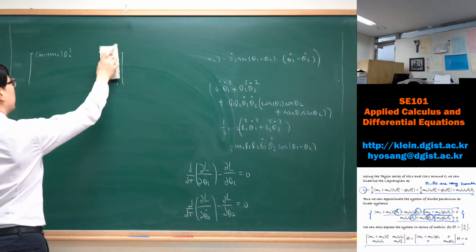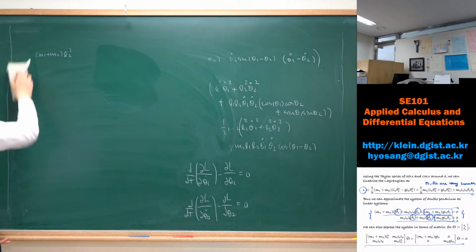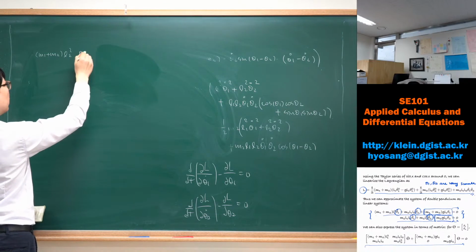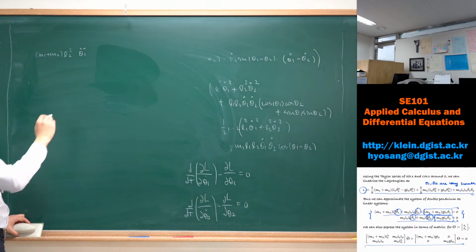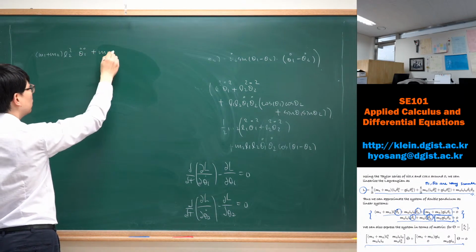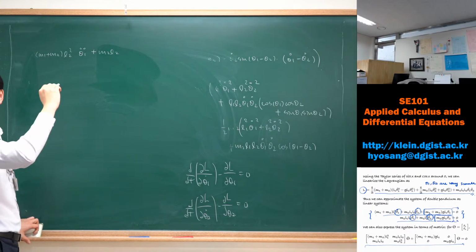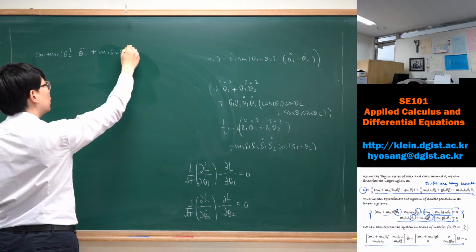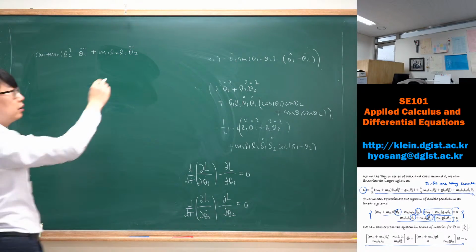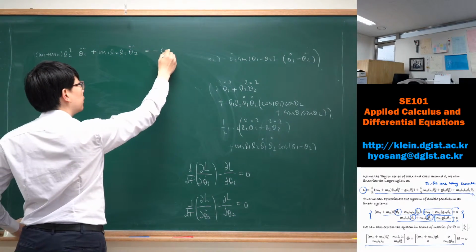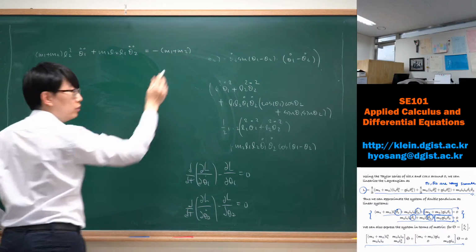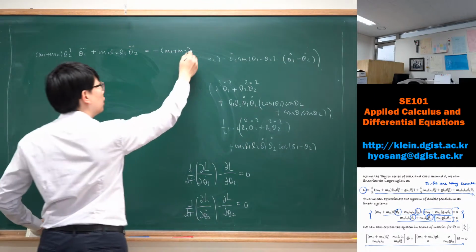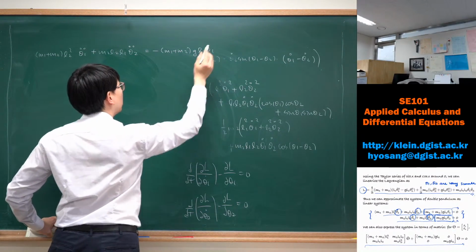Let me rewrite this one again. Here we have zeta 1 double dot and M2 L2 L1, sorry, L1 and zeta 2 double dot, and then minus M1 M2 G L1 zeta 1.